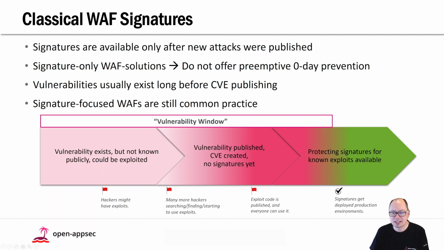And then at some point, the exploit code itself is actually published so that everybody can use it. And when this is the case, then typically shortly after, all the typical WAF vendors also release their signatures based on what's known about the well-known exploits for the vulnerability that was released in the CVE.